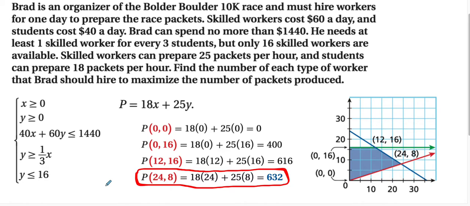And that combination of students and skilled workers met the criteria of all 5 of those inequalities. There's a lot of things going on, I know. Now, the good thing for you is you're just going to be given all this information in the paragraph. It's not like you have to come up with the information. The hard part is translating it into math.